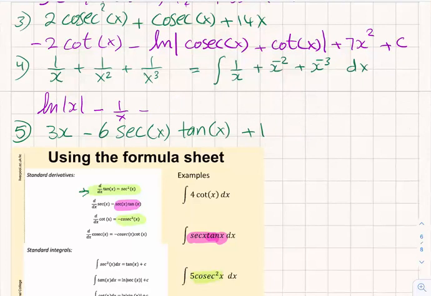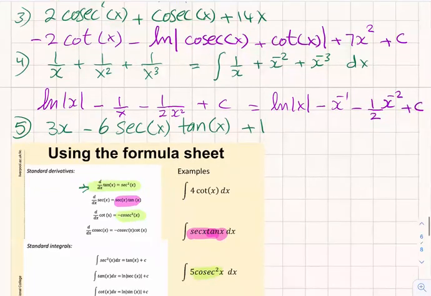It's minus 1 over 2 x to the power minus 2, or 1 over 2x squared, plus c. Minus 1 over 2 x to the power minus 2 plus c, same thing.